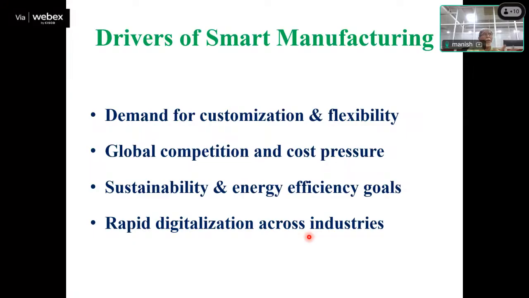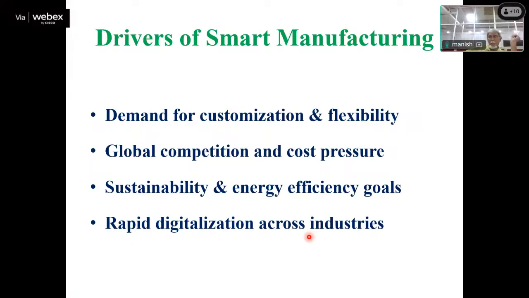So the combined digital technologies and the physical manufacturing system ultimately entail the possibility of customization and incorporate better flexibility in the operation. That's the reason why people are hankering after smart manufacturing.